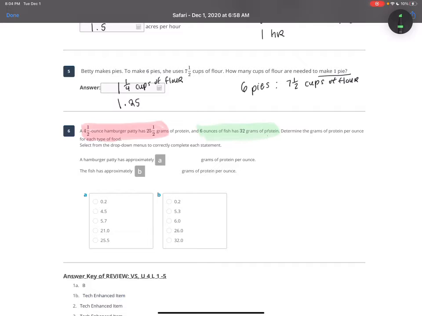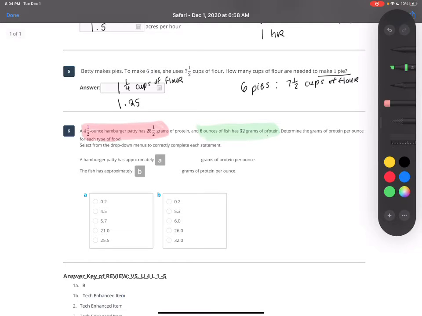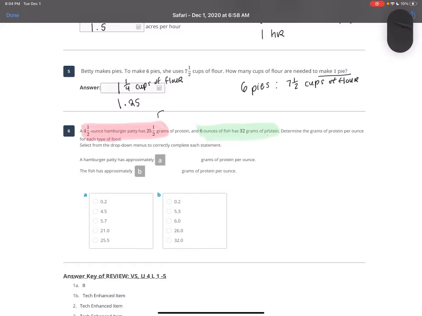I'm going to show you guys both ways to do it. With the hamburger one, I'm going to use the ratio method I like doing. For the fish example, I'm going to do the tape diagram method. So let's get started.